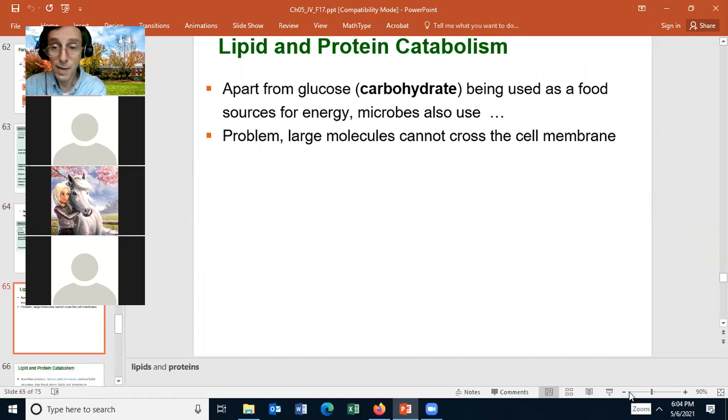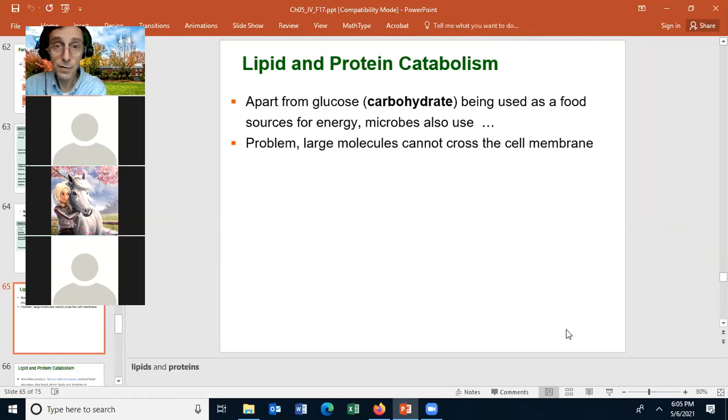Now, we've talked about carbohydrate catabolism and how our cells can use it in aerobic respiration or fermentation to generate ATP. You do have to realize that your cells can use more than carbohydrates.